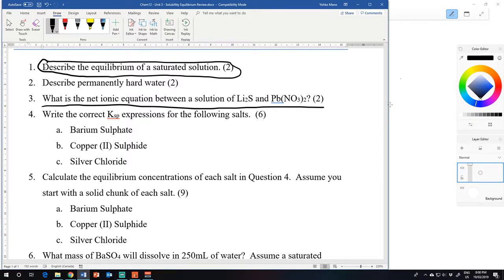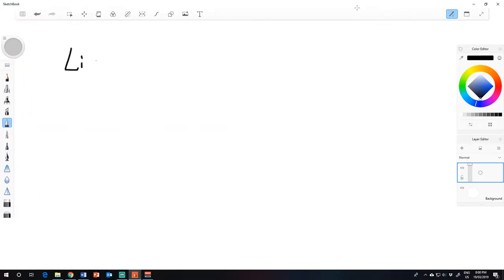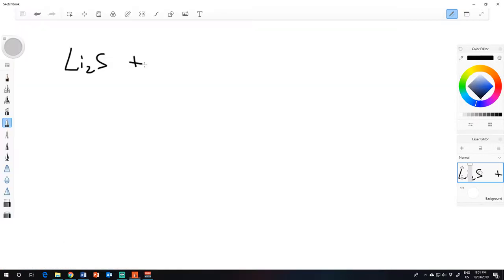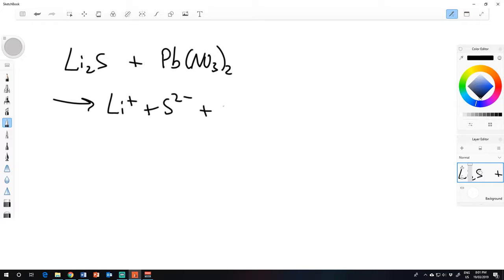So the net ionic equation is, again, let's grab it. We have Li2S, and we are combining it with Pb(NO3)2, so that's lead(II) nitrate. And this will break down into the following ions: Li+, S2-, Pb2+, and NO3-.